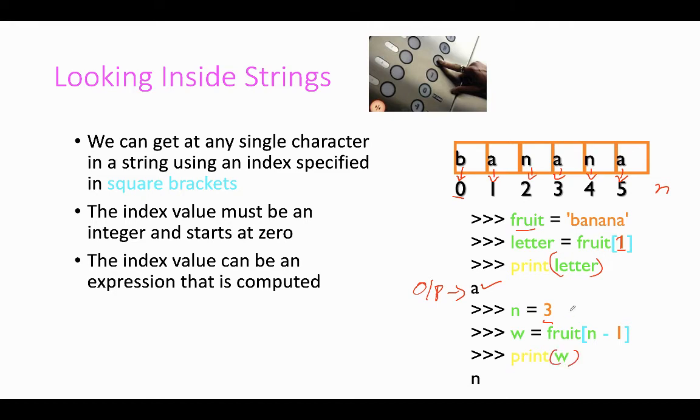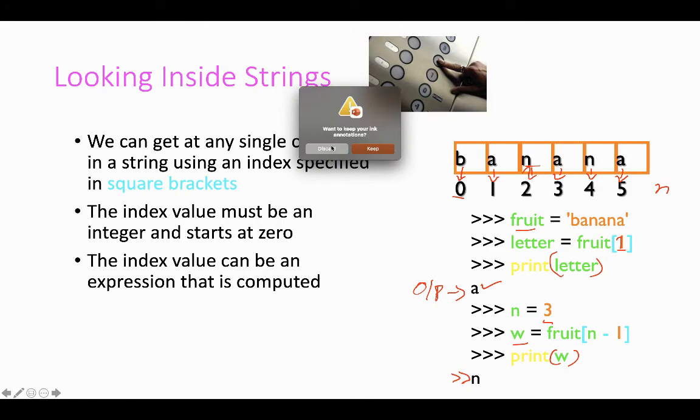What is the w value you got here? What is in position 2? It is n, right? So n will be displayed here. This is how you can extract a single character from a string. Let's try this also in your Python.